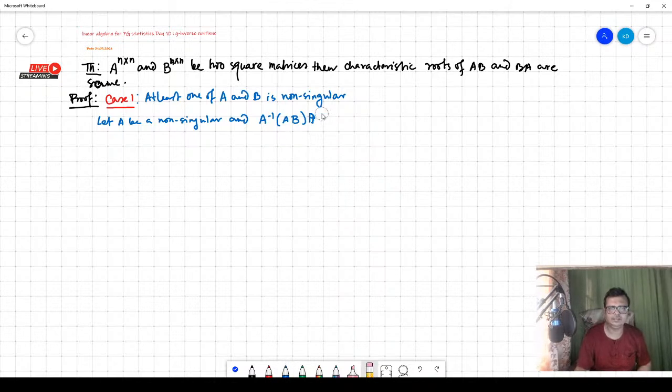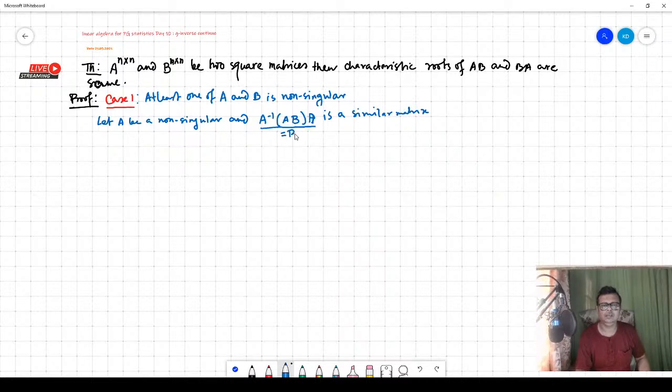This is a similar matrix, which I already defined. If there exists a non-singular matrix P, then A and B are similar matrices if B equals P inverse A P. So this is a similar matrix, and this is nothing but BA.